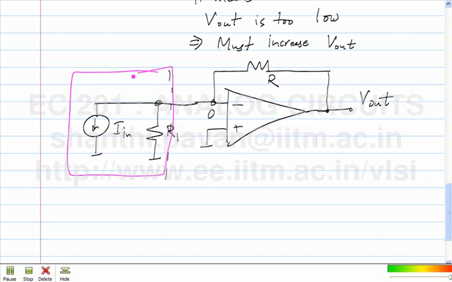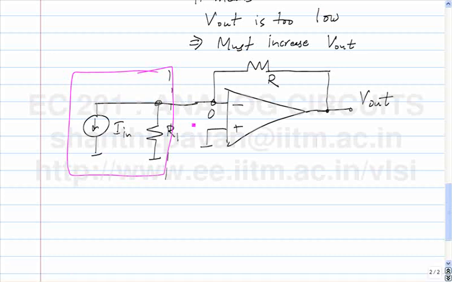Okay. However, because we have a current controlled voltage source which has got a 0 input impedance, we see that it doesn't matter if In has got a poor output impedance. Ideally R1 should be infinity, okay, if you had an ideal current source.